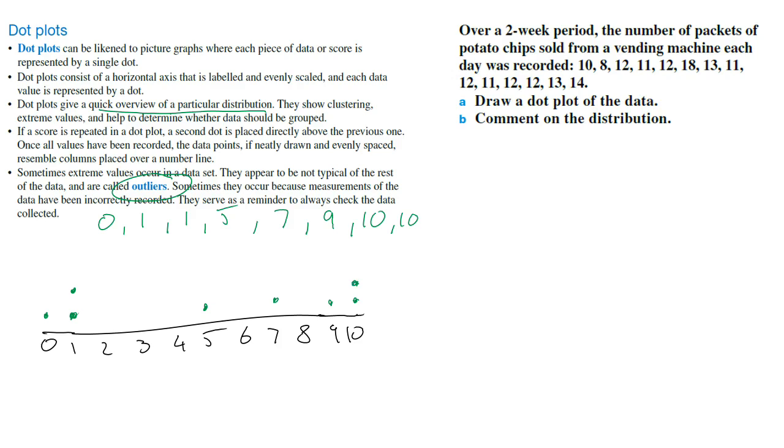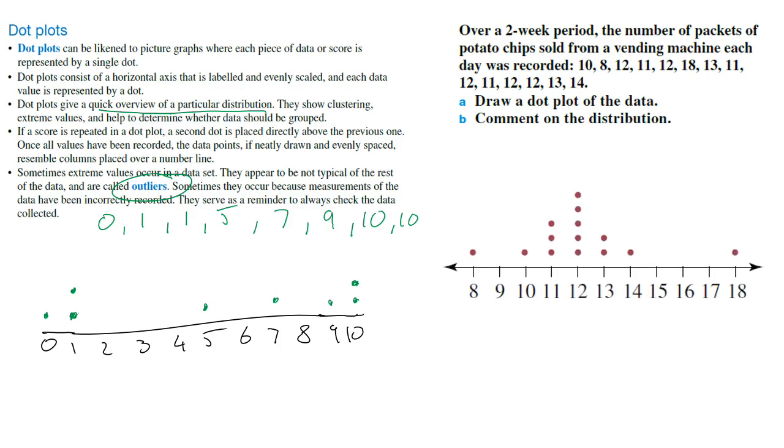Okay. So here's an example. Over a 2-week period, the number of packets of potato chips sold from a vending machine each day was recorded. Okay. So you're going to draw a line, and you're going to go from 8 until 18, because remember, 8 is our smallest number and 18 is our biggest number.